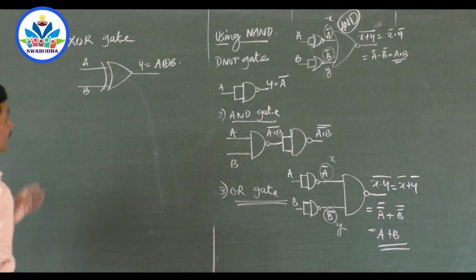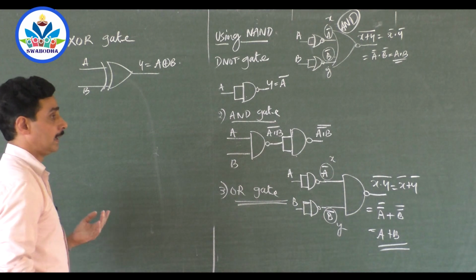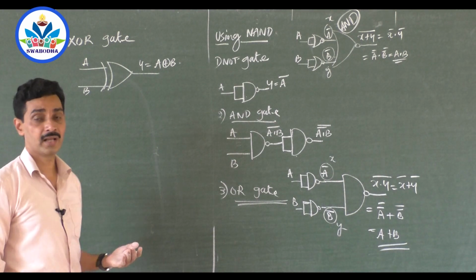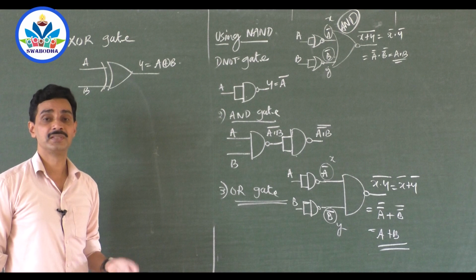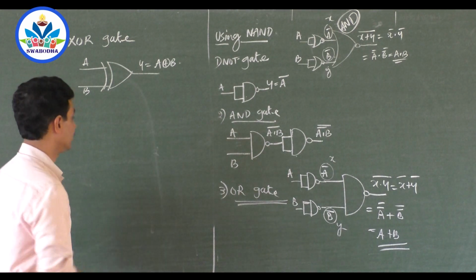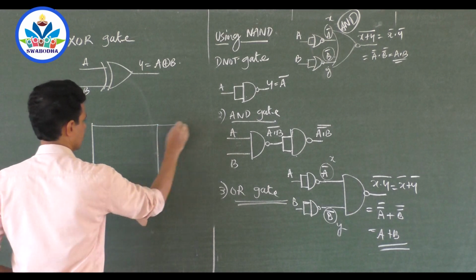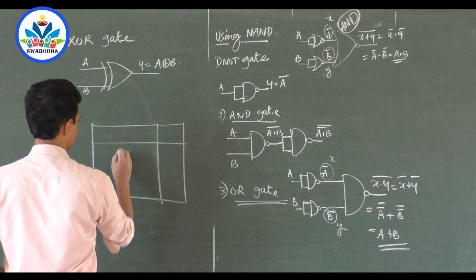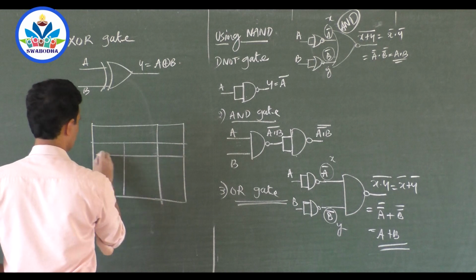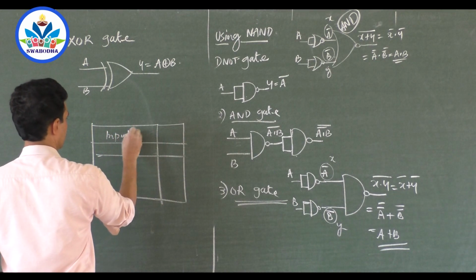So XOR gate is a logic circuit which gives output 1 when the inputs are different, and output 0 when the inputs are same. That means it is like this. Inputs, output.